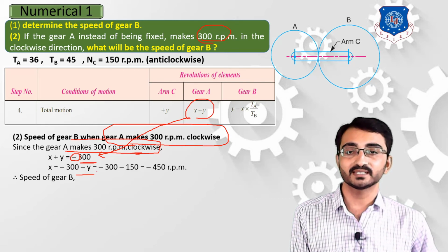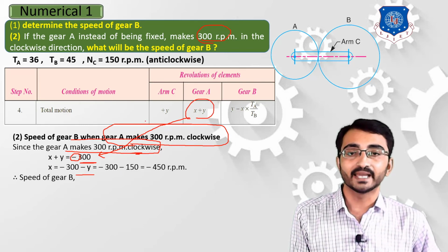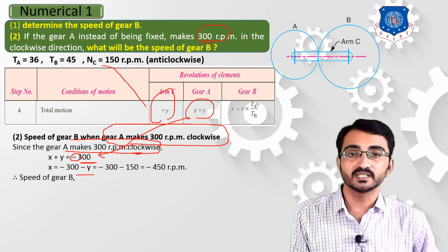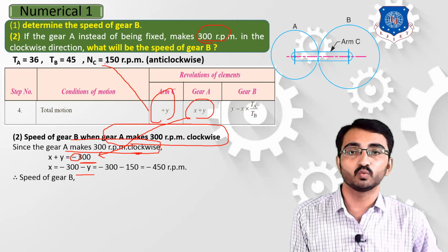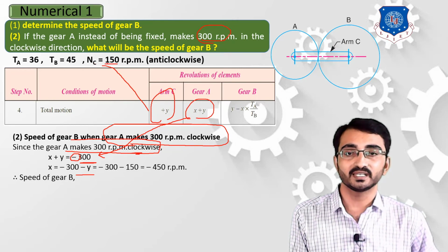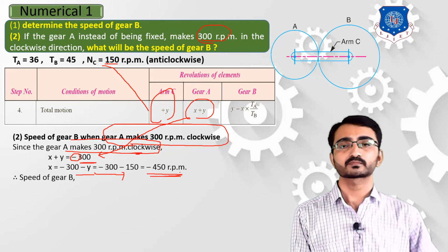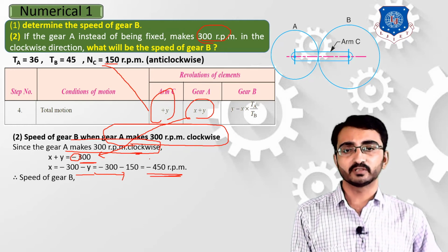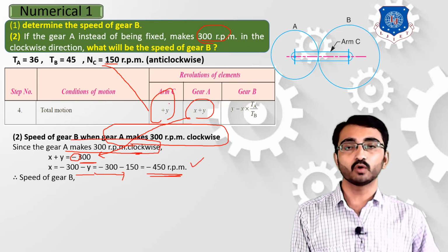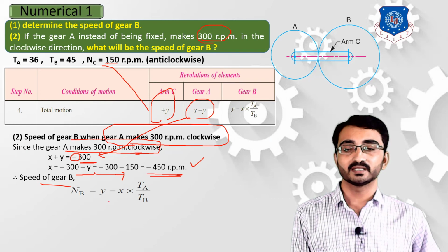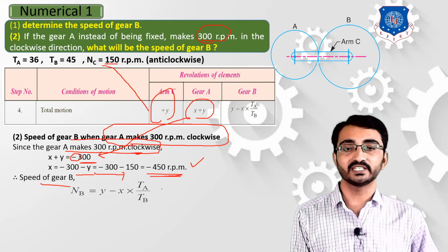Now the value of y is fixed because the speed of the arm is always given, that NC is equal to 150. So in this numerical y is equal to 150. If we put y equal to 150, then x is equal to minus 450. Now from the values of x and y we can find the speed of gear B. The equation remains the same, y minus x TA upon TB.